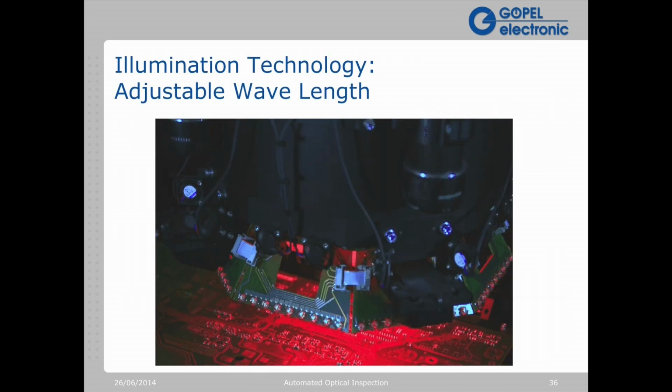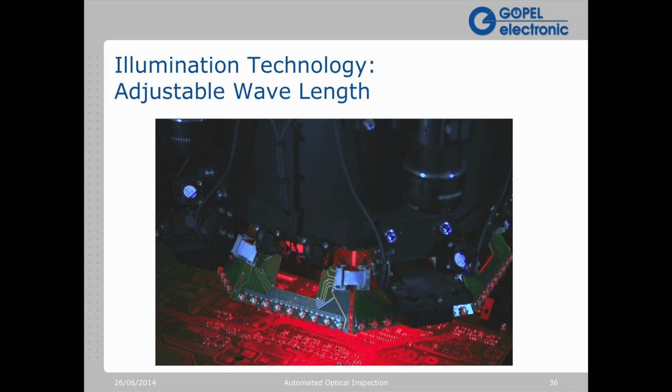We have found at GOEPEL Electronics that illumination systems can be very critical in producing very effective fault detection, as well as avoiding false calls. We employ an LED-based illumination system that is able to produce light frequencies throughout the spectrum from ultraviolet to infrared.